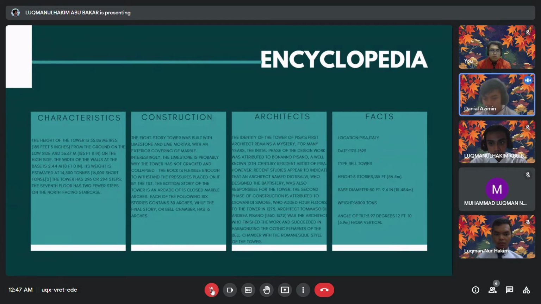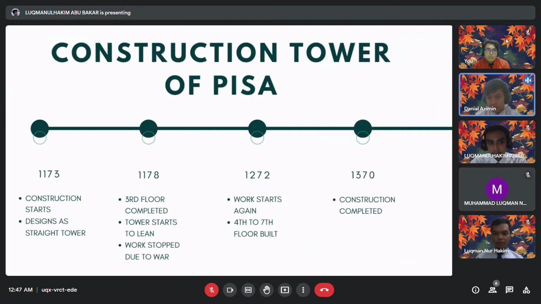The weight is 16,000 tons. The angle of tilt is 3.97 degrees, 12 feet, 5.9 meters from vertical.